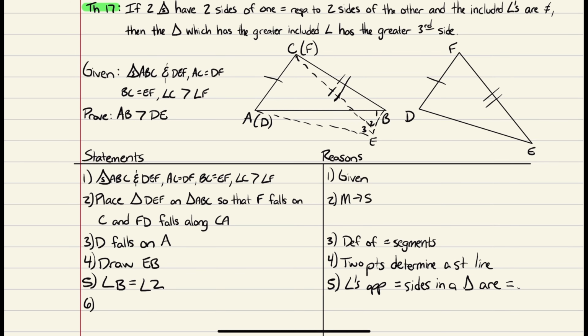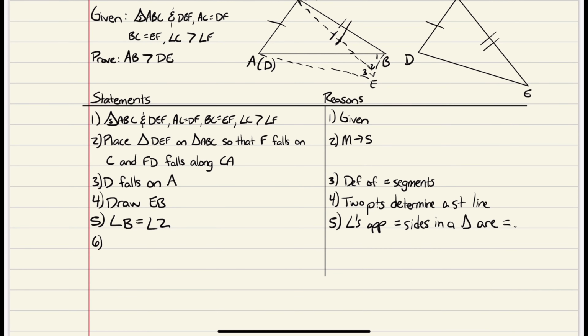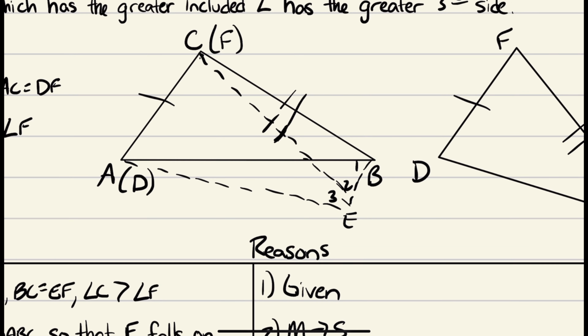All right, perfect. Number 6. We're going to now state some relationships between bigger angles and smaller angles. Let's zoom in here again, and we can see that angle 1 is smaller than angle B because it's part of angle B. So we can say it the opposite way: angle B is greater than angle 1. And we can say the same thing about angle E and angle 2.